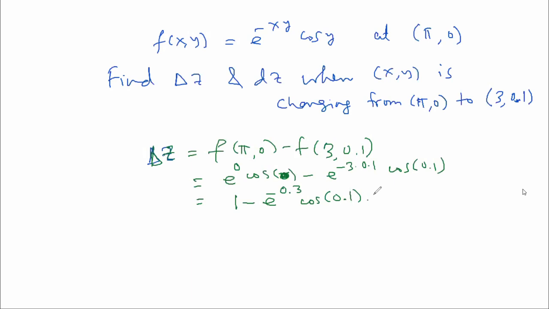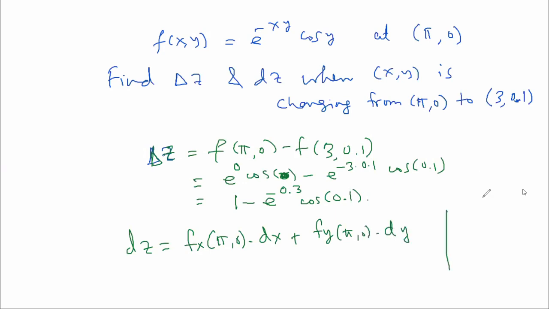Now what is the differential? The differential, remember the formula, is f_x at the point (pi, 0) times dx, and then f_y at (pi, 0) times dy. But for small scale, delta x is dx, right? So dx is delta x. So what is delta x? dx is delta x, the change in x.